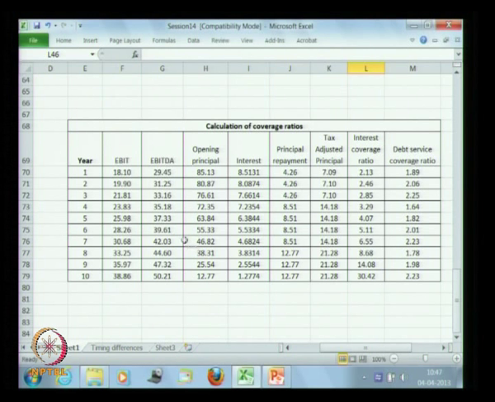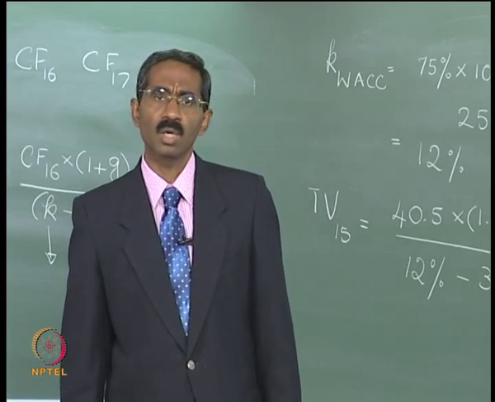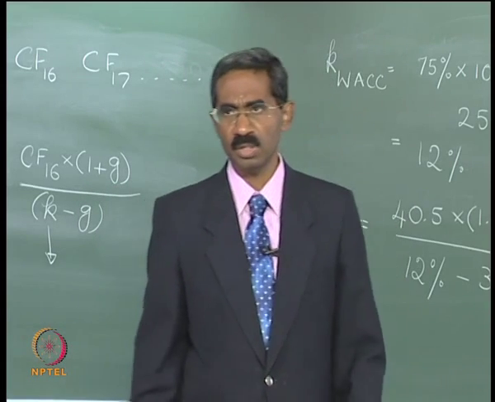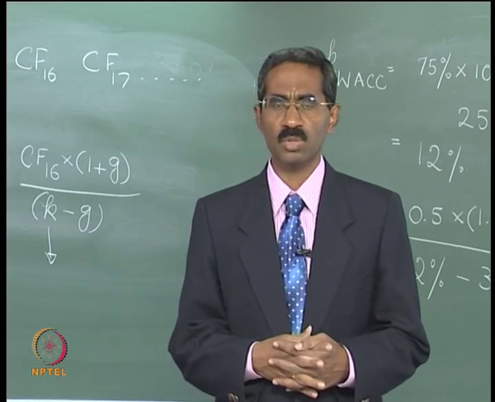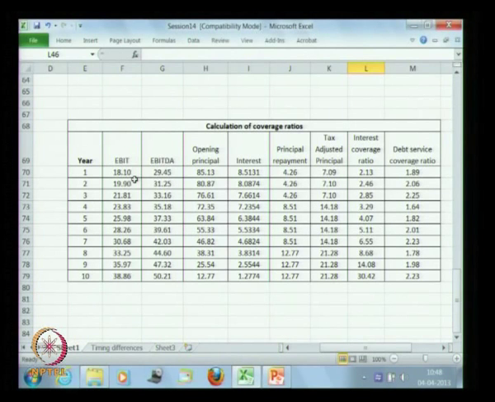I have captured the earnings before interest and tax for the first 10 years of the plant operation. This is information that we obtain from the operating cash flow calculations. We calculated the operating cash flows for different years, and we have the pre-tax operating income. So this earnings before interest and tax is essentially taken from that calculation.